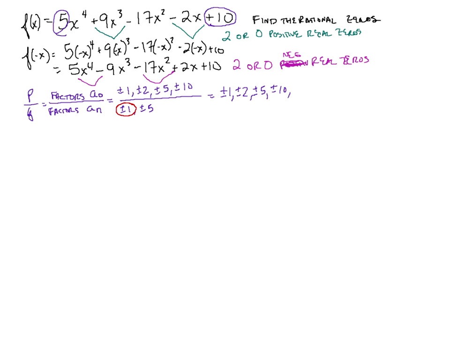And now I have to come back and divide each of those by 5. Luckily, 5 divided by 5 is 1, and 10 divided by 5 is 2, so those are already taken care of. But I do have to take into consideration positive and negative 1/5 and positive negative 2/5. Hopefully we won't have to make it to those.